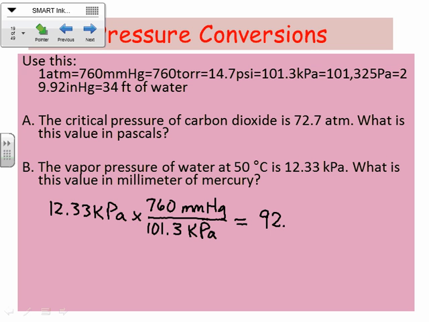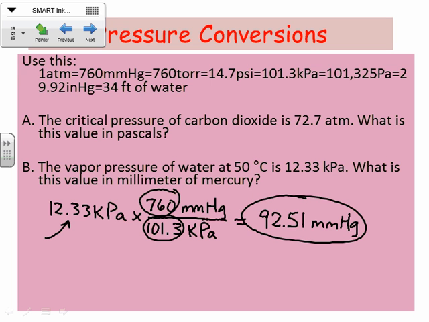Just a note on sig figs here, we're going to treat these numbers as exact numbers so they don't count towards your sig figs. You just look at the first number to figure out how many sig figs to round to. Well, it's probably a good policy. So 92.51 millimeters of mercury. All right? So that's how you do those conversions.